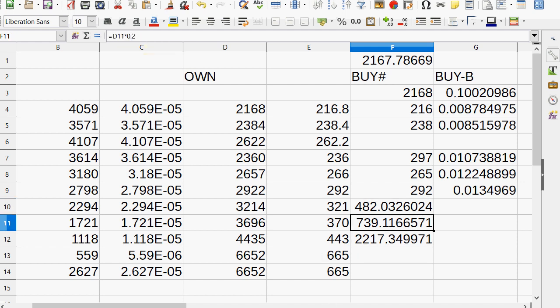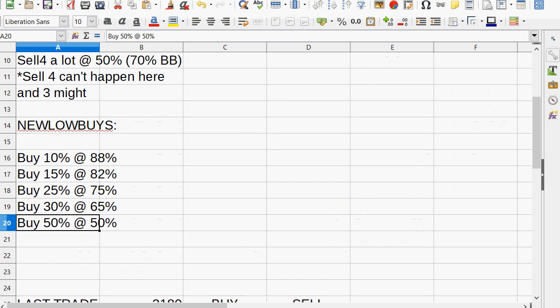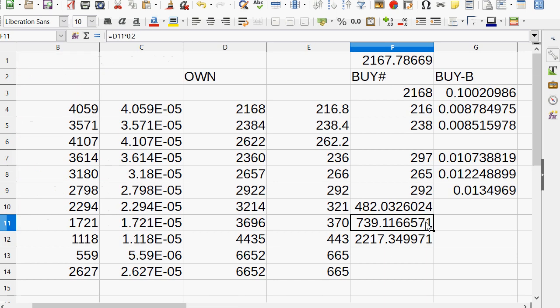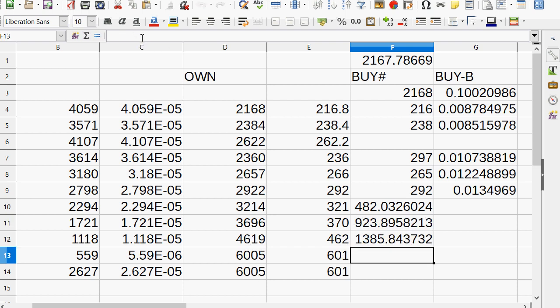And see, this is why a lot of times I can't just remember 15, 25, 30, 50. So 15, 25, 30, and then a half. So that'd bring it up to 9,000.